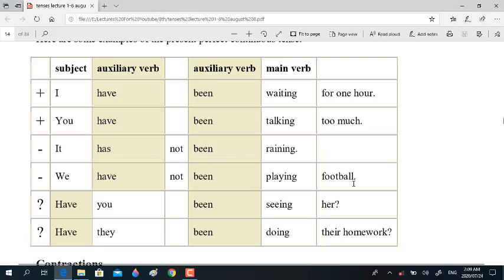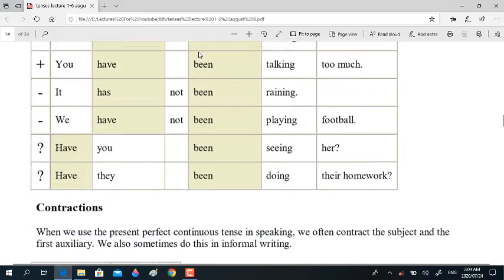Football is a complement. Have you been seeing her? Have they been doing their homework? You can see positive, negative and interrogative sentences with the structure of present perfect continuous tense.